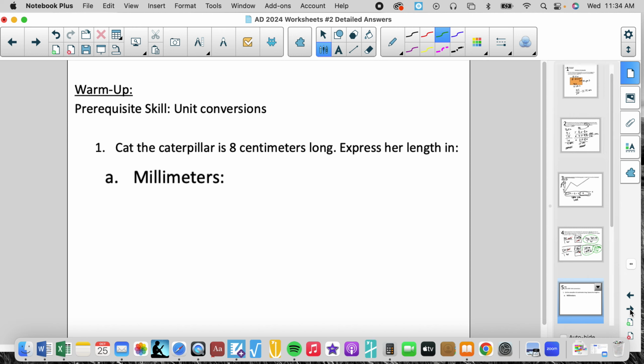All right. Prerequisite skills, unit conversions. Cat, the caterpillar, is 8 centimeters long. Express her length in millimeters. Okay, so we need to remember this fun little thing: King Hector died, unfortunately, drinking chocolate milk. This is kilometers, hectometers, decameters.